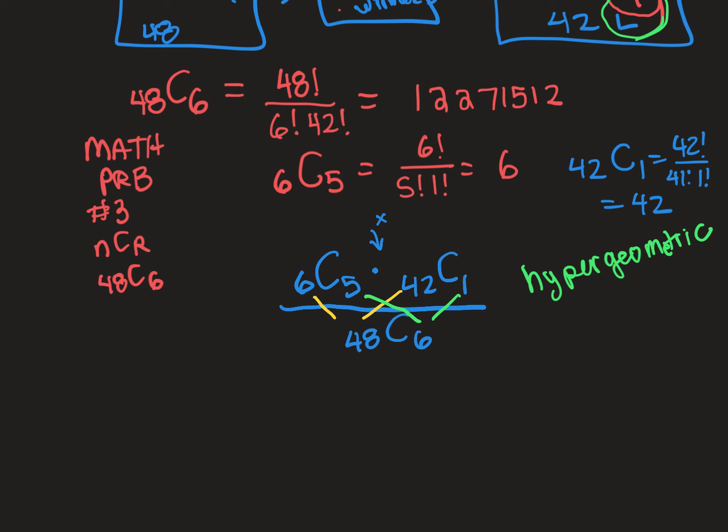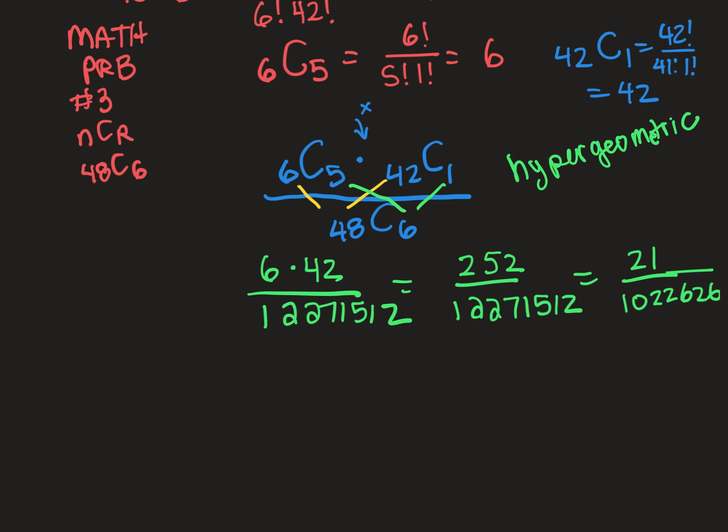So when we do these numbers, we're going to have 42 times 6 on top. So 6 times 42 divided by this. And they want this as a fraction.